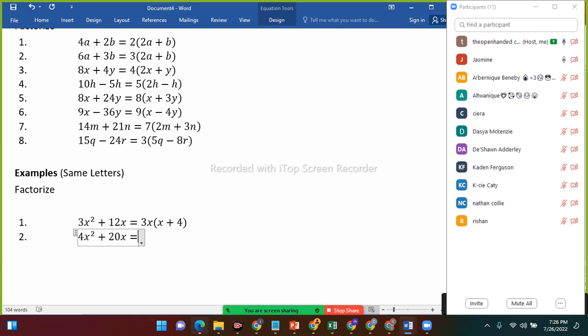So put the 4 there. 4x, very good. Bracket, yes. X plus 5. Exactly, x plus 5, because 4 times 5 is 20. Very good.